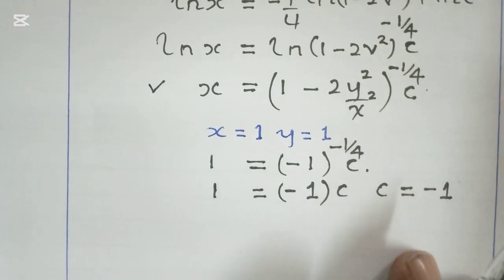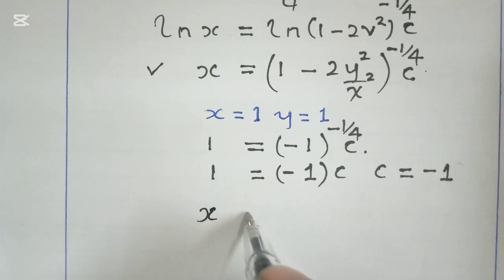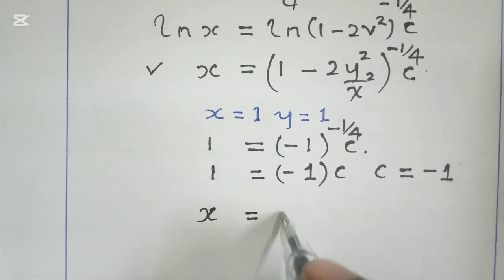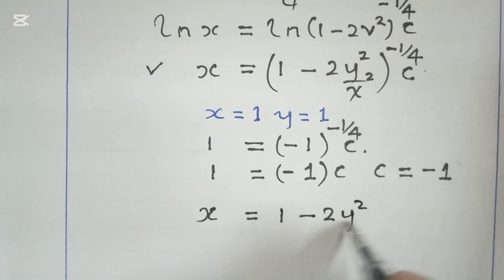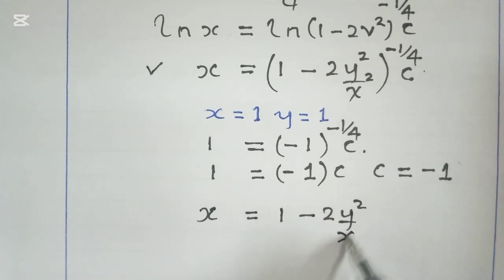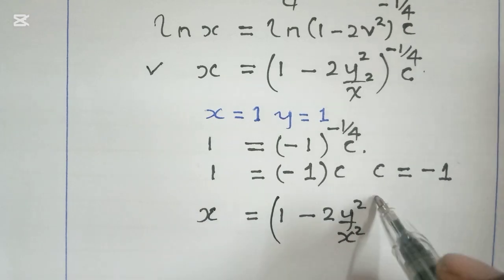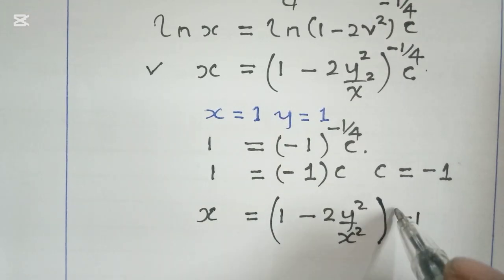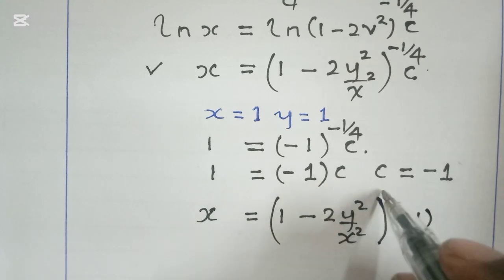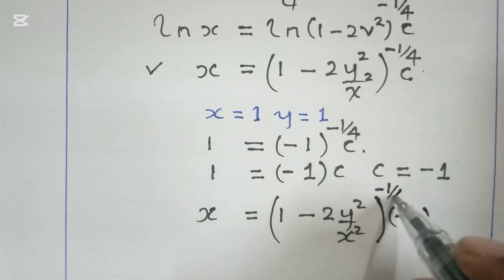So, guys, we are going to have x equals 1 minus 2y squared over x squared. And then, guys, here we have negative 1, not forgetting, we have negative. This number is raised to negative 1 all over 4.